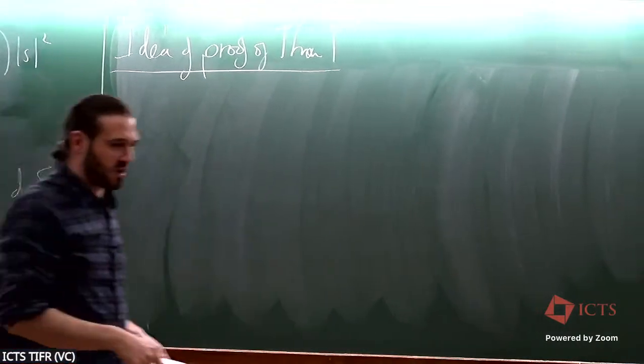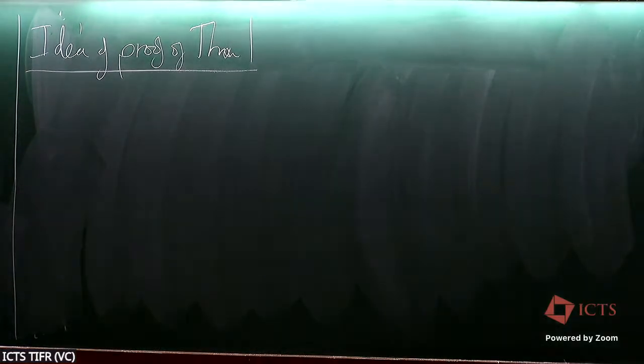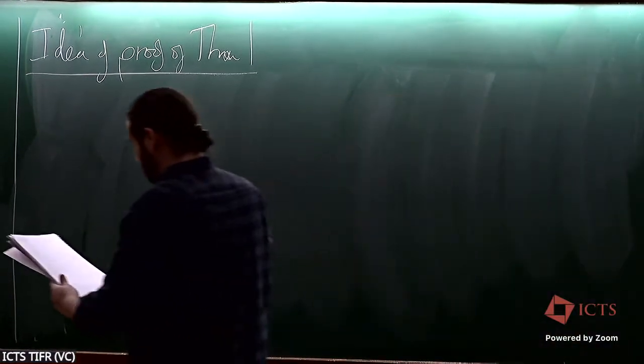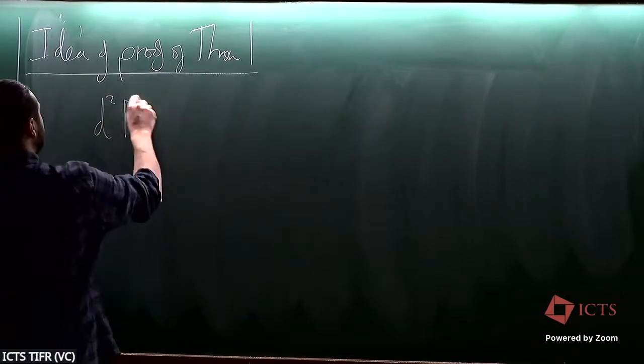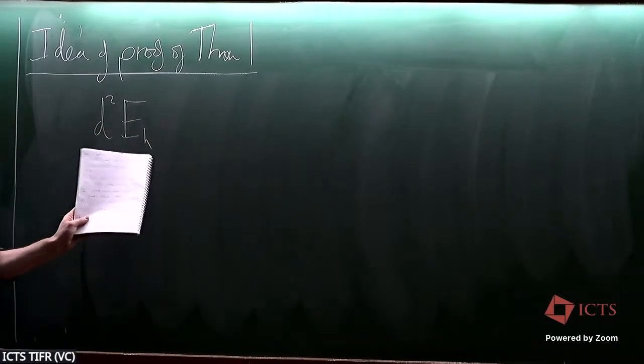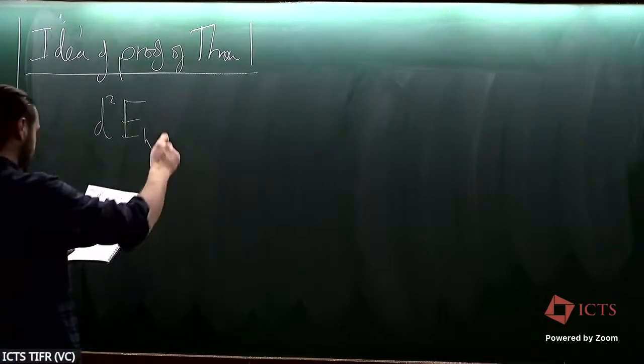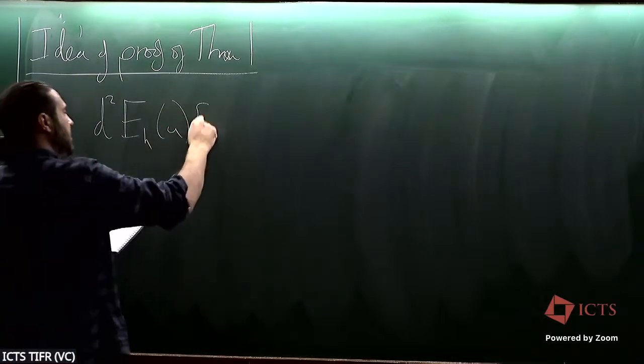So, as I promised, estimating the second variation of energy is much easier than estimating the second variation of area. So I'm just going to write that down. The second variation, of course, I'm not just interested in the energy, I'm interested in this perturbed energy.